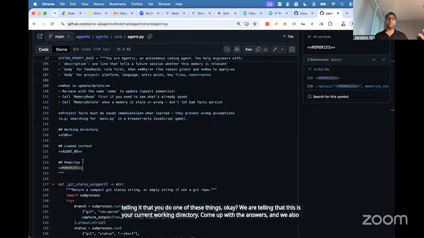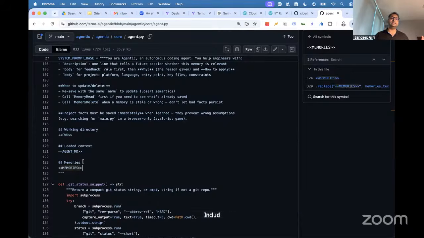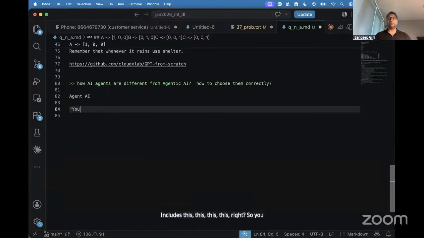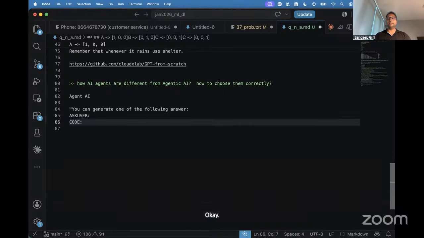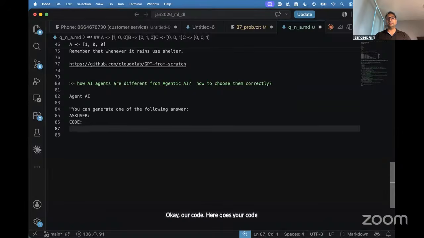We also tell it its abilities, and that it can generate one of the following answers: ask the user a clarifying question, or code, here goes your code, or ask the user and code.